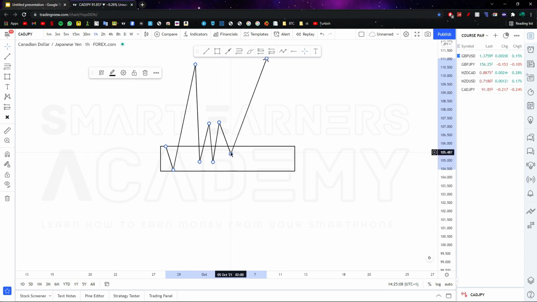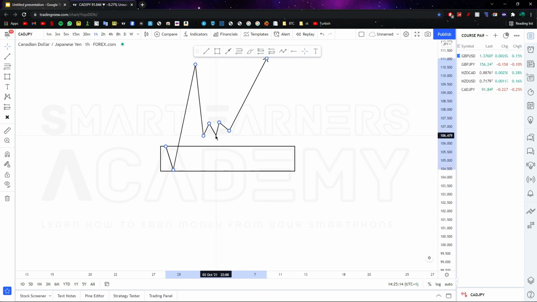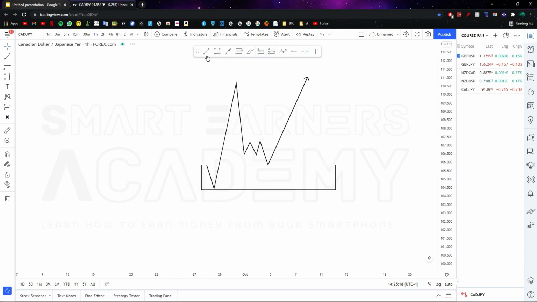Because then price can just liquidate the lows and break out of your zone, right? So you need to make sure your equal lows are above your zone and look somewhat like this, right? So then price will come in, liquidate these lows, tap into our order block, and then show us reaction. So that is basically the scenario that you want to be seeing.